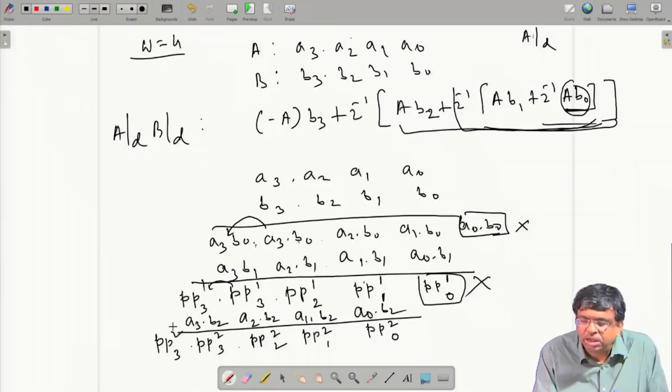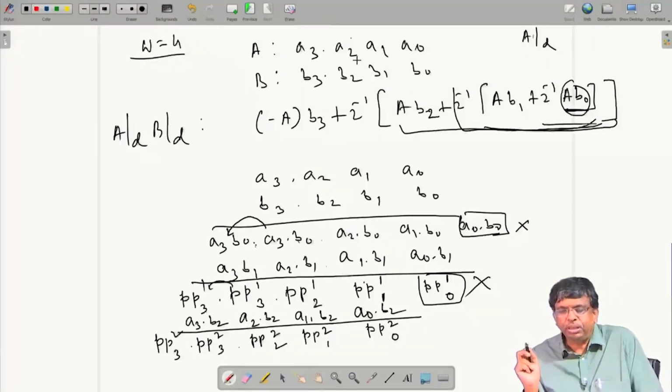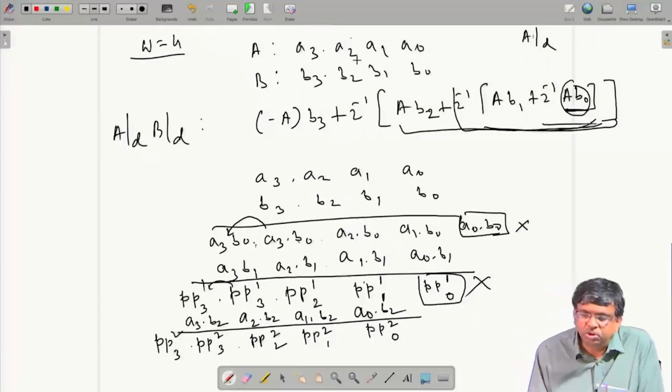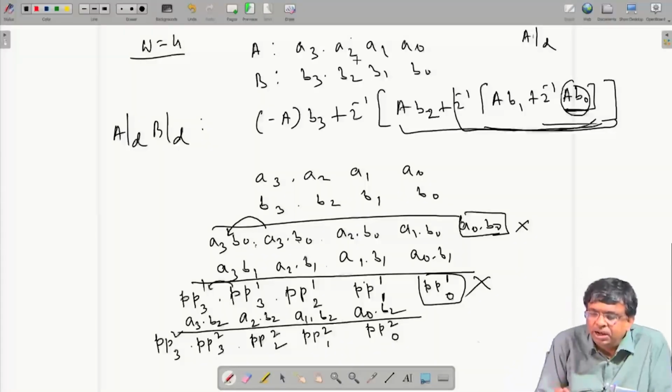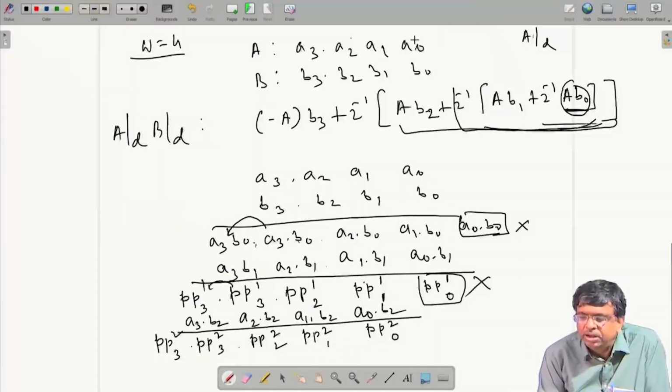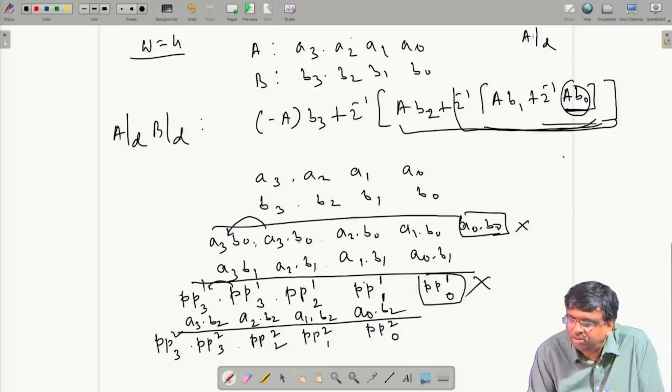So, the next one is minus A into B3. Minus A into B3 means, what is minus A? In binary, minus A is each bit complemented and a 1 added at the LSB. That will be A3 bar, A2 bar, A1 bar, A0 bar plus 0001.